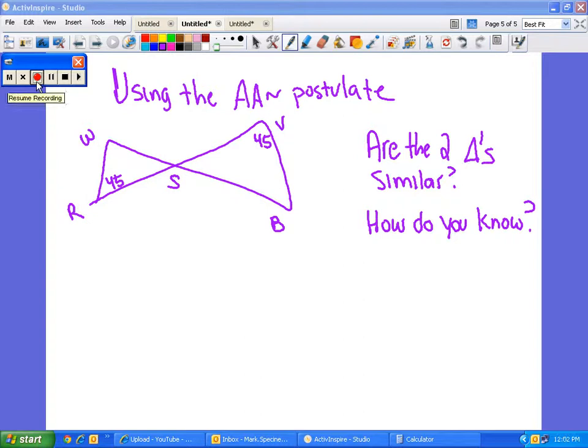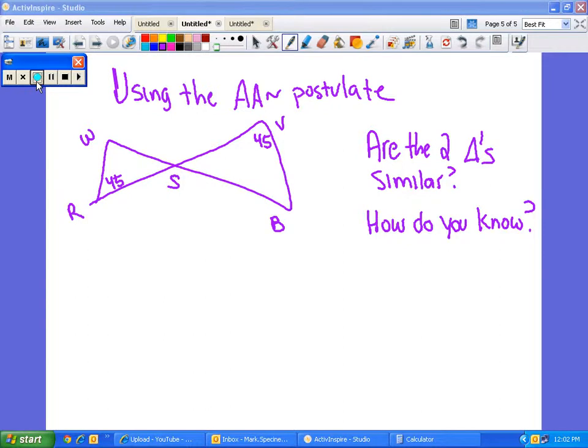I want you to be able to explain it to me. Kiera, can you answer this first question? I said yes. You said yes. I wanted to answer the next one. I'll give you a chance. Tyler, what say ye?